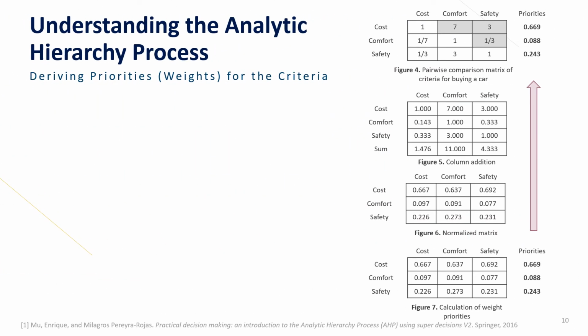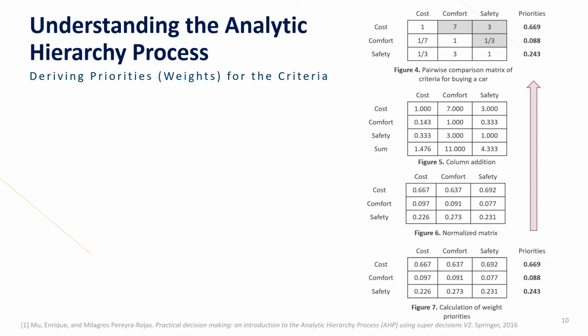Okay, after we know the concept of how to derive priority weights for each criterion, now let's go back to the example we explained earlier about the buying car decision. It is clear that when we buy a car or make other decisions, not all criteria are equally important at a given time for different subjects.